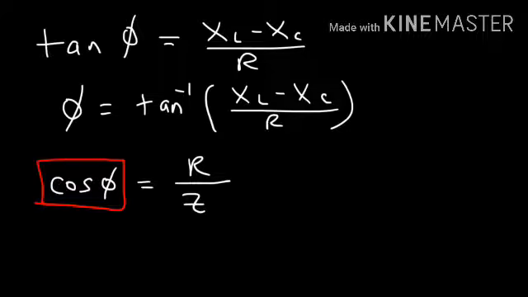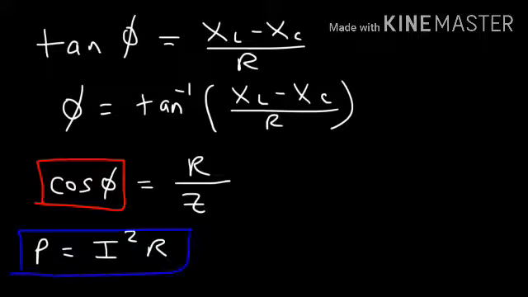Now, to calculate the power dissipated by the circuit, it's equal to I squared times R. Keep in mind, only the resistor dissipates energy. The inductor and capacitor, they both temporarily store it and then release it. So the power that is absorbed by the circuit is I squared R. You can also use this equation.